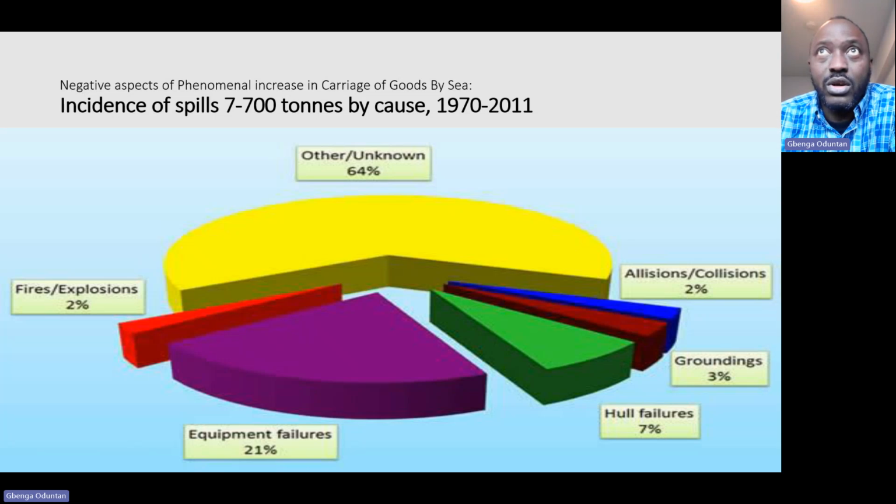The causes of pollution in maritime transportation include groundings, equipment failures, hull failures, fires, explosions, deliberate and inadvertent actions of sabotage, of malpractice. Whatever it is, pollution is increasing and should be of interest to us as well.